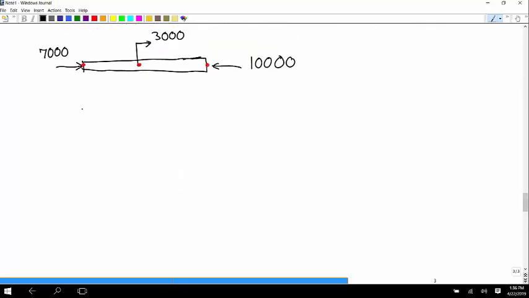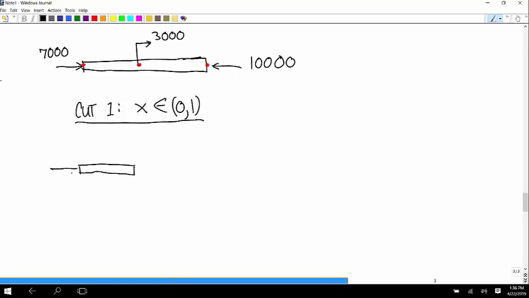Okay, so cut one is going to be for X values between 0 and 1. We have the 7,000 Newton force. We haven't gotten to the 3,000. And so the only other force is the internal tension.